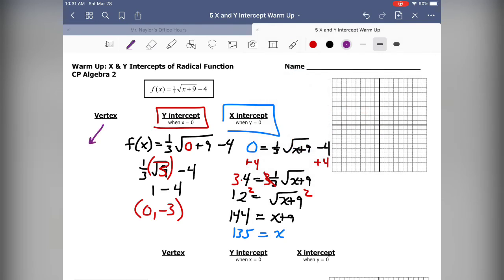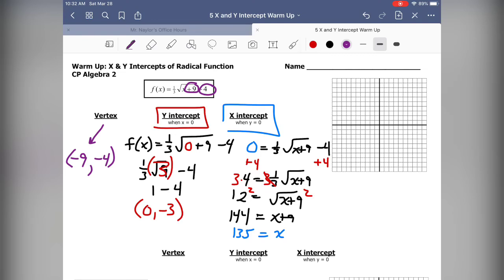Remember, the vertex comes from this idea of shifting, and shifting is what we talked about yesterday, because when you have a +9, remember that's actually going to shift the graph to the left, and when you have this -4 at the outside, that's going to shift the graph down. So we're at the vertex of -9, -4.